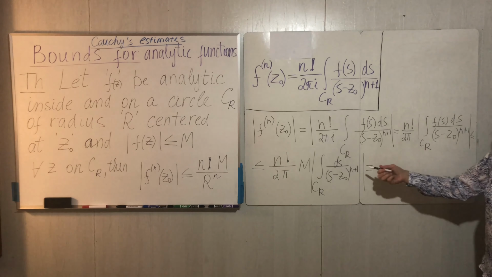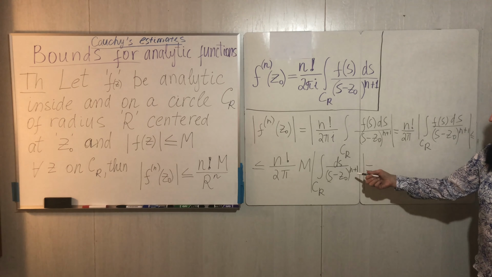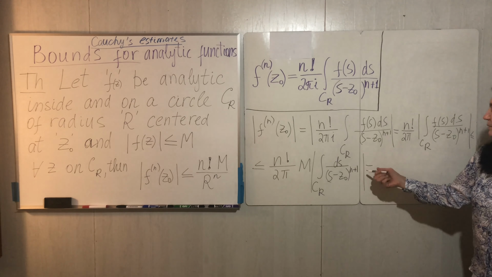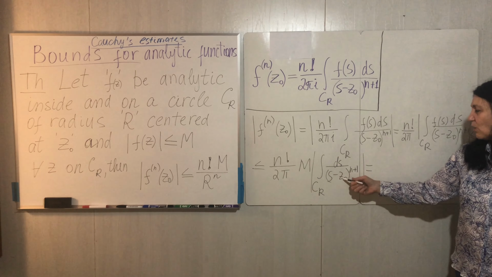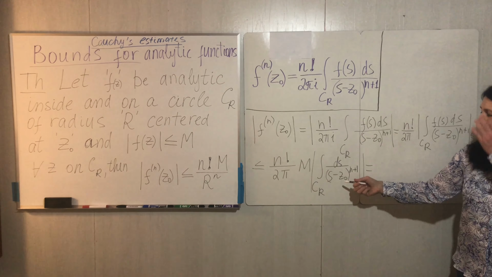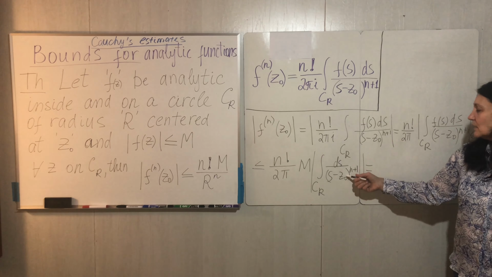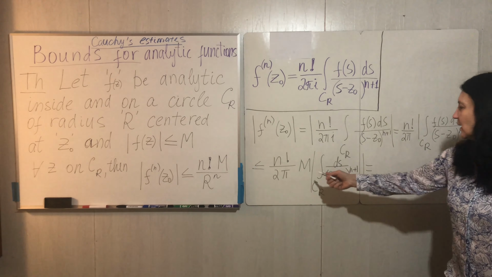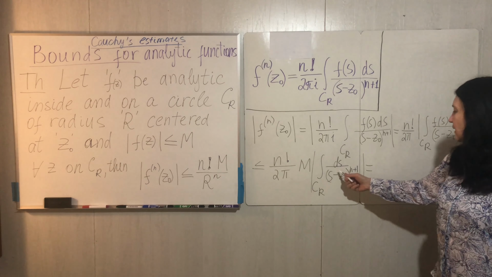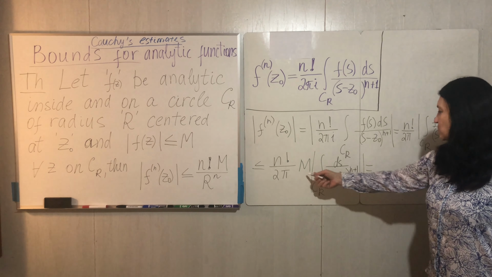And then we can use two ways. One of the ways would be that this is obviously less than r, the radius of our circle, so we can pull out r to the n plus 1 as well.